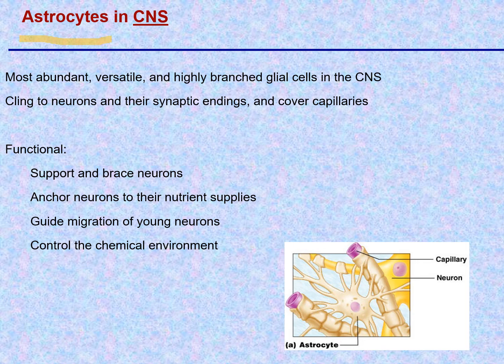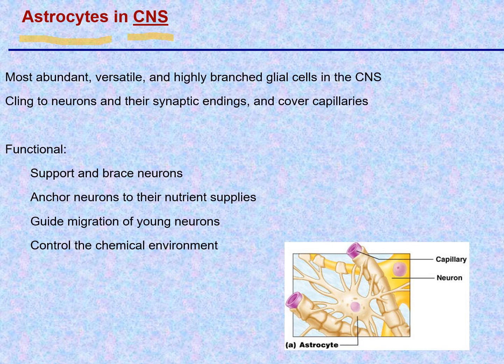Astrocytes are found in the central nervous system. They're the most abundant, and they're highly branched cells. They cling to neurons. What you see here in the diagram is an astrocyte. There's the main cell body of the astrocyte. There's the nucleus of the astrocyte in the middle. And they have many projections coming out that can reach out and wrap around, and you see it in this diagram.